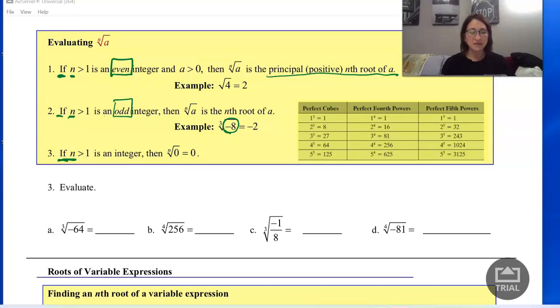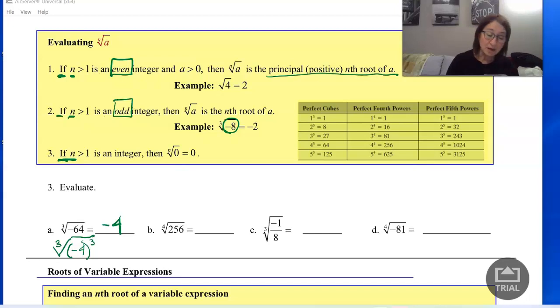All right, so now let's evaluate. The cube root of -64, we need to think about this. That means if I take -64 and find a base that I can raise to the third power, -4 raised to the third power gives me -64. So the cube root of -64 is equal to -4.